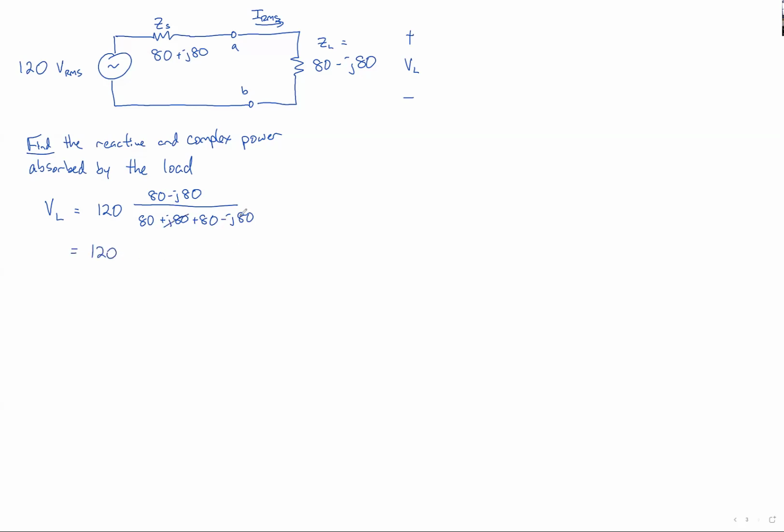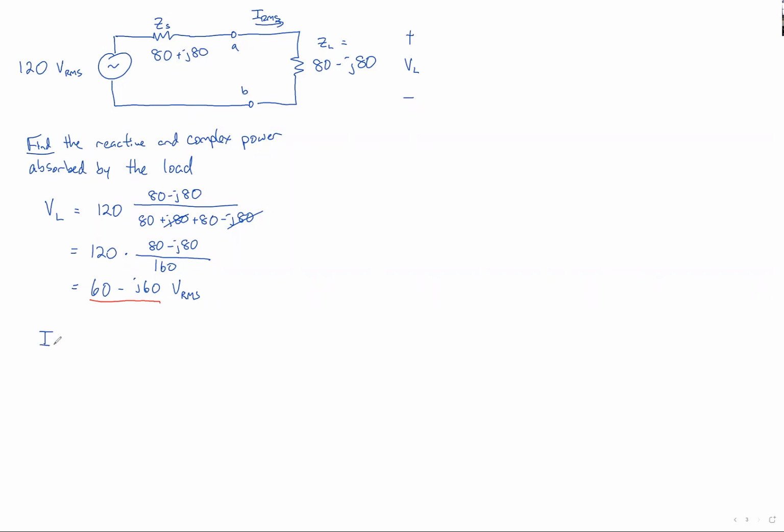And here the plus J80 and the minus J80 cancel, as they always will when we've got maximum power transfer, because for maximum power transfer, we want to have the entire thing looking resistive. And that will give us 60 minus J60 volts RMS. And that's our first partial solution.